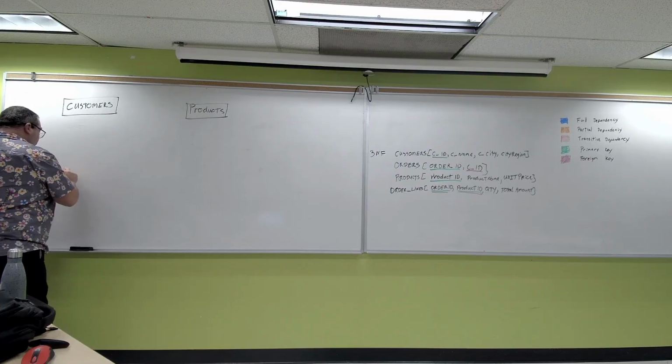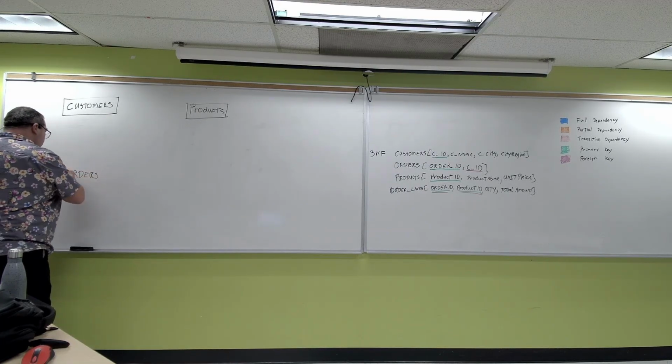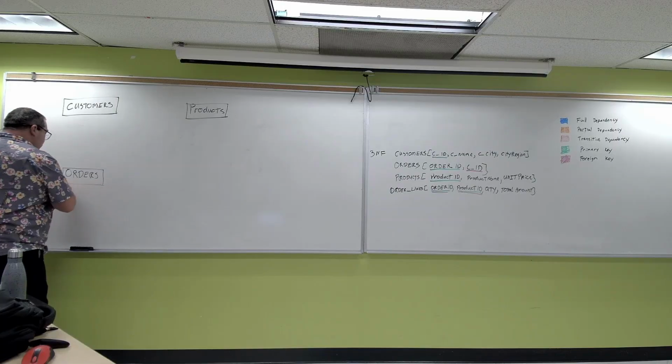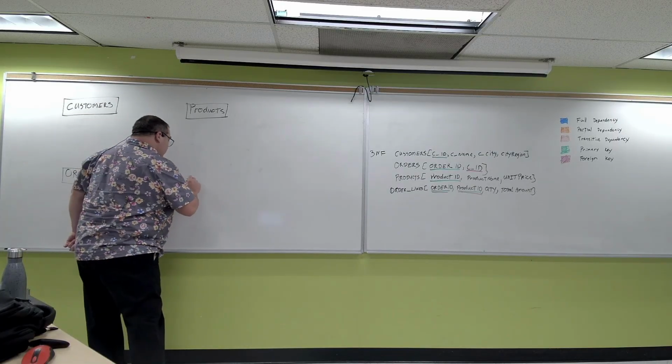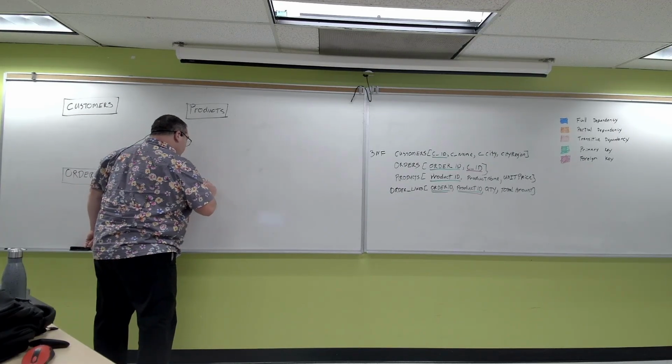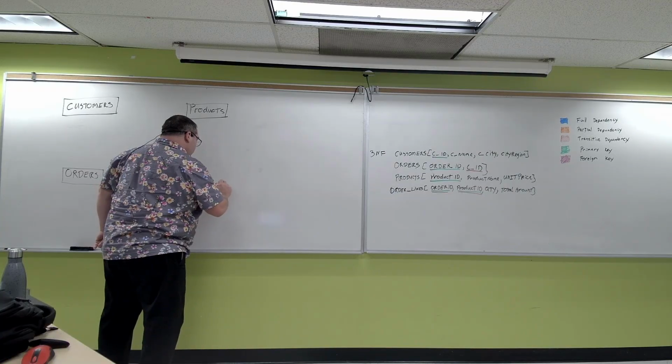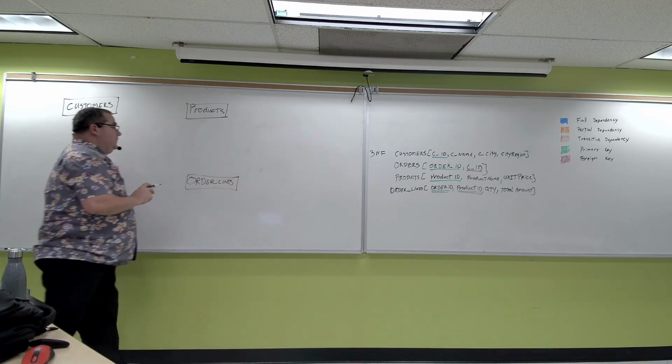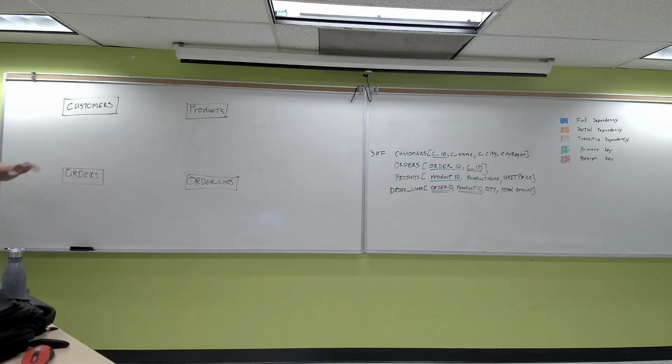Then we have orders. And then we have order lines. Okay, here's four entities. Cool.